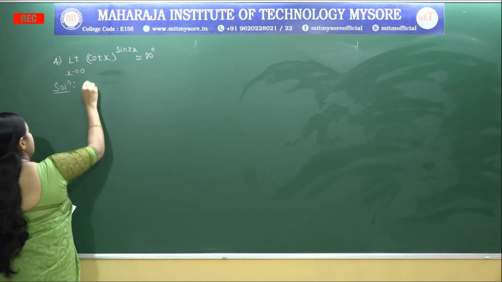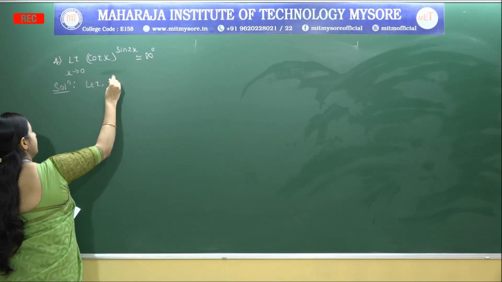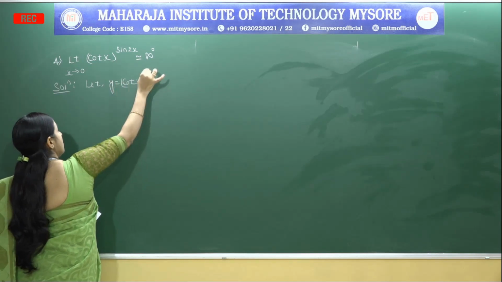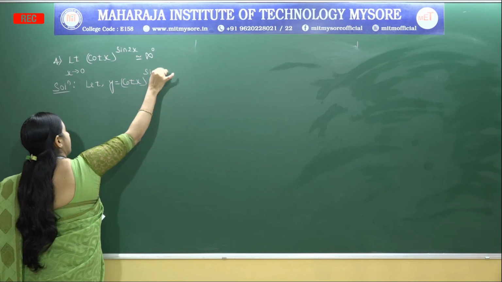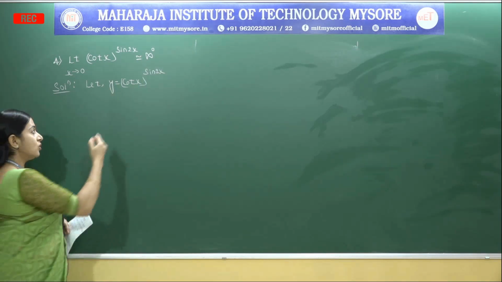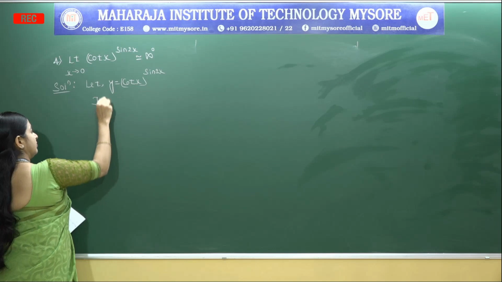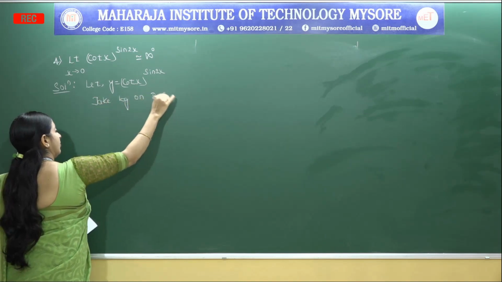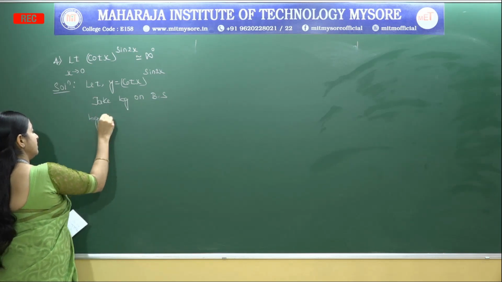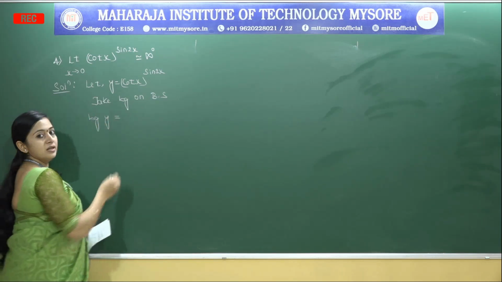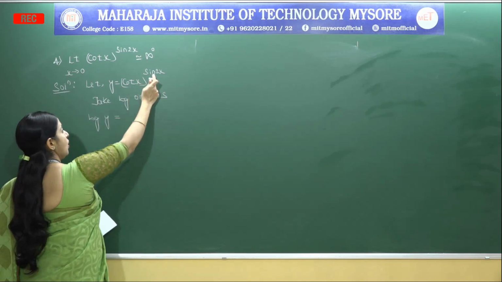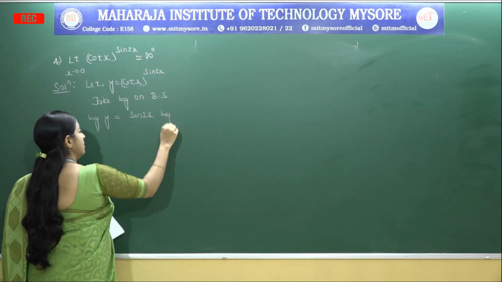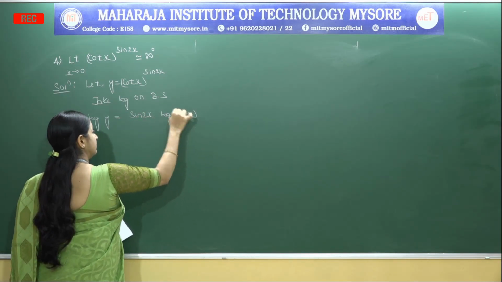So first I take this term as, let y equals cot x power sin 2x. Then take the log on both sides. So the left part is log y equals, since you have the power, by the property log a power m, sin 2x log cot x.